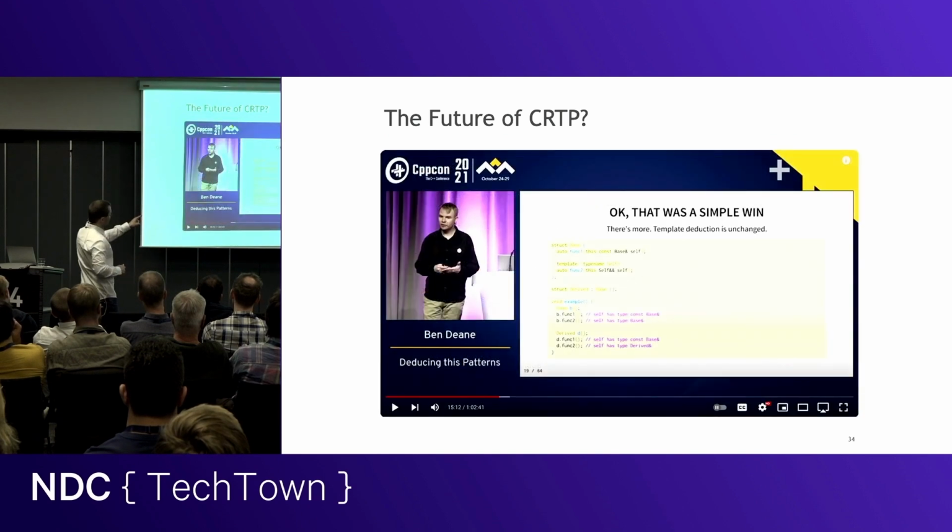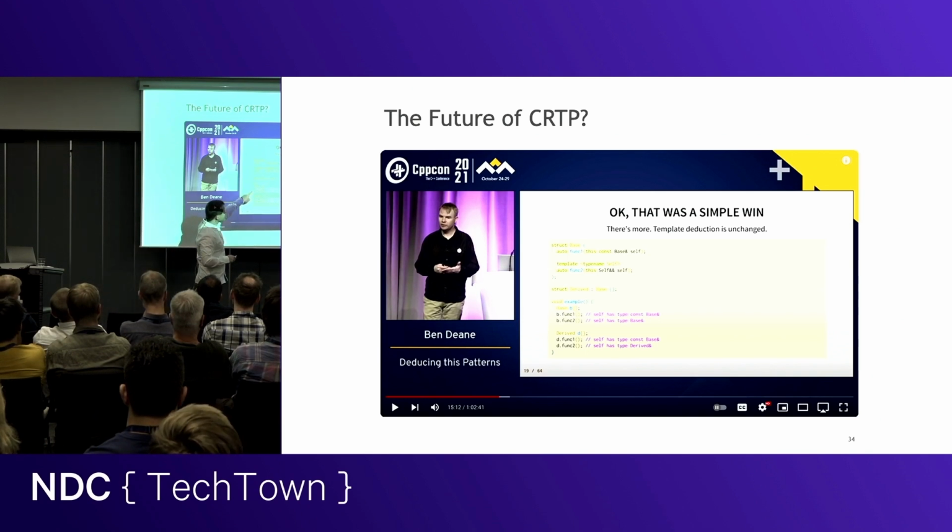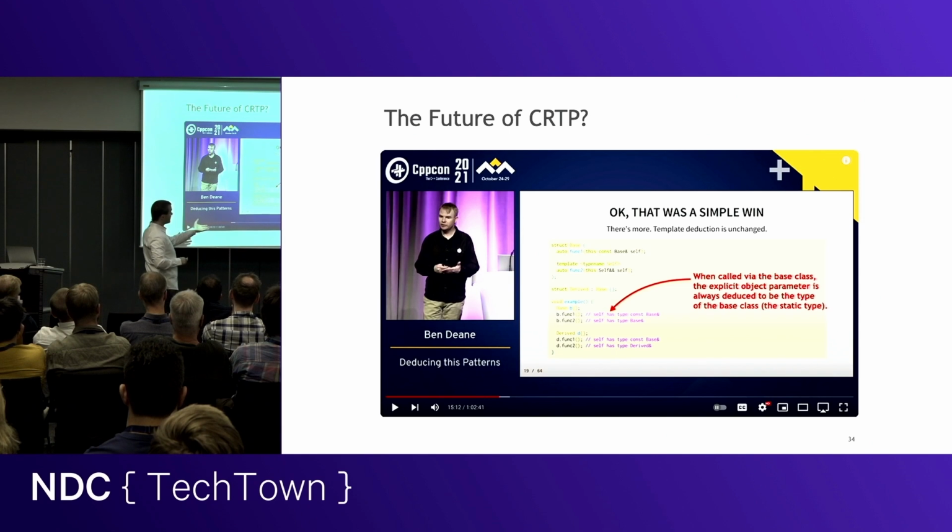Now, in the talk of Ben Deane himself, he actually explains why this is not possible to work. So it's actually this line. If you have a base type, base object, and you call a base function on this base type, it will never deduce the derived type.